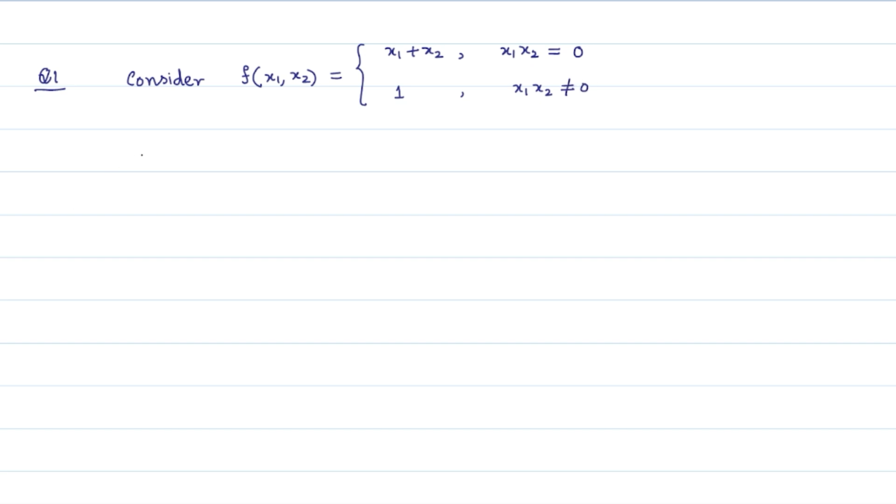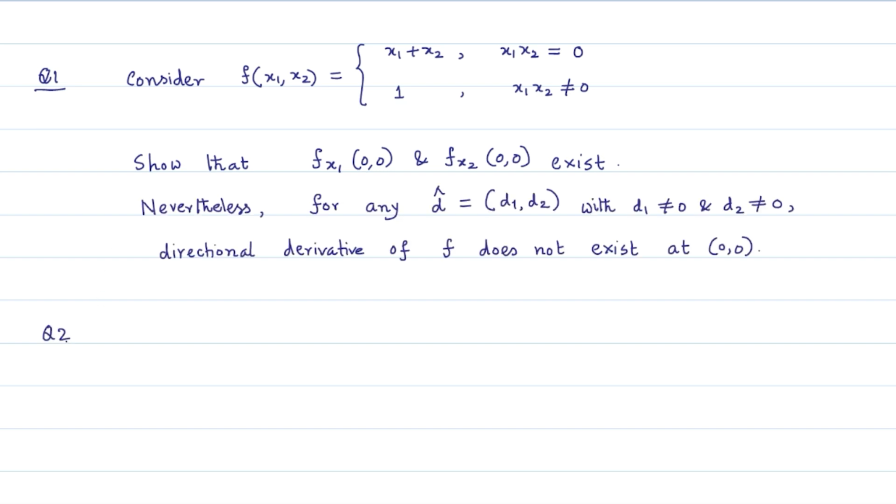For this function, show that both the partial derivatives f_{x1} and f_{x2} exist at the point (0, 0). However, for any direction that is not along the x1 axis or x2 axis, the directional derivative of this function does not exist at (0, 0).